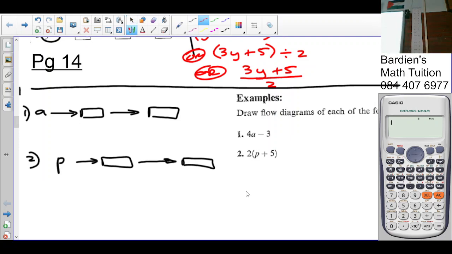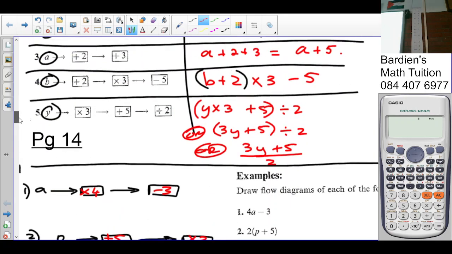Right, so what's going to happen first? A must be times by 4 minus 3. Who got that right? Right, nice. Now don't let me put the same sum in the exam to get it wrong. No, it's going to be set. Right, what happens to P first? Times 5. Plus 5. You all agree with that?